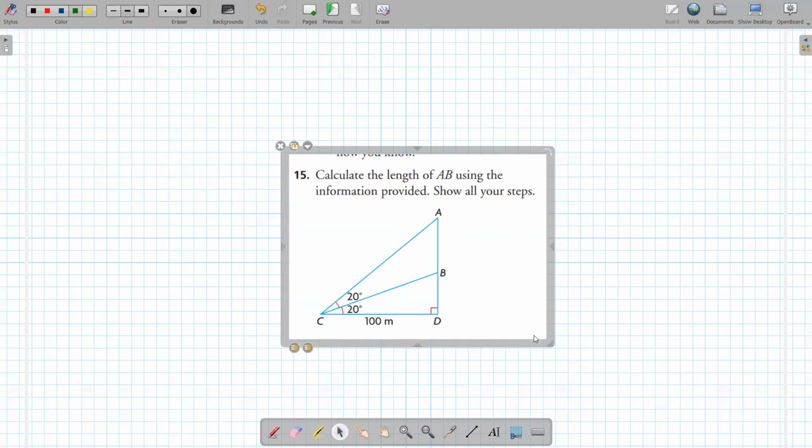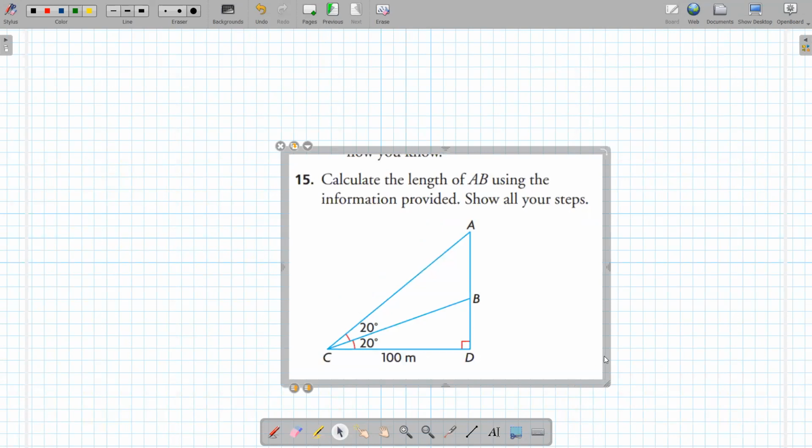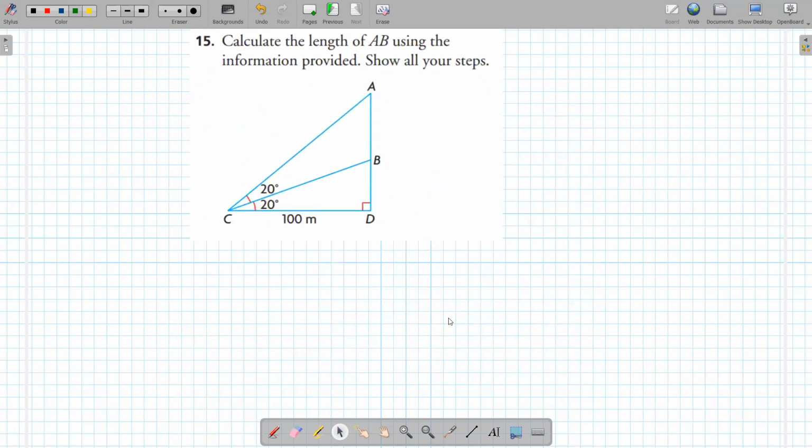Maybe we'll do this. It says calculate the length of AB using the information provided. All right, what's our approach for this one?